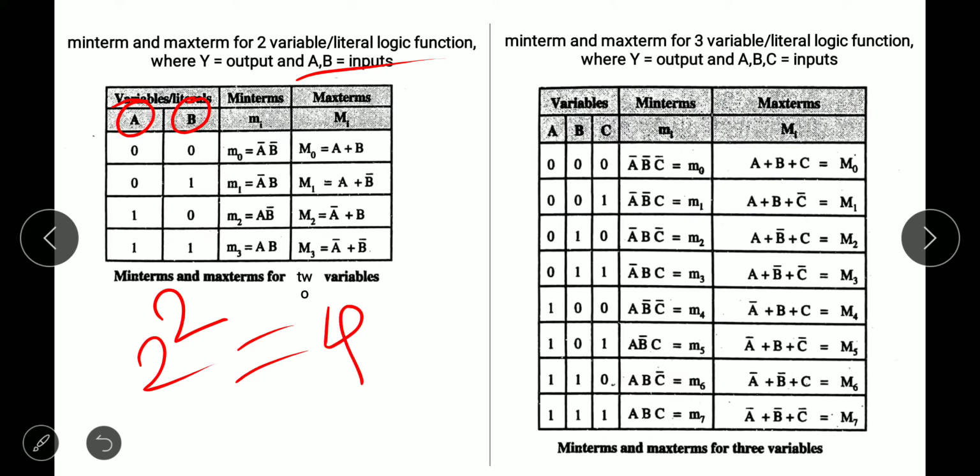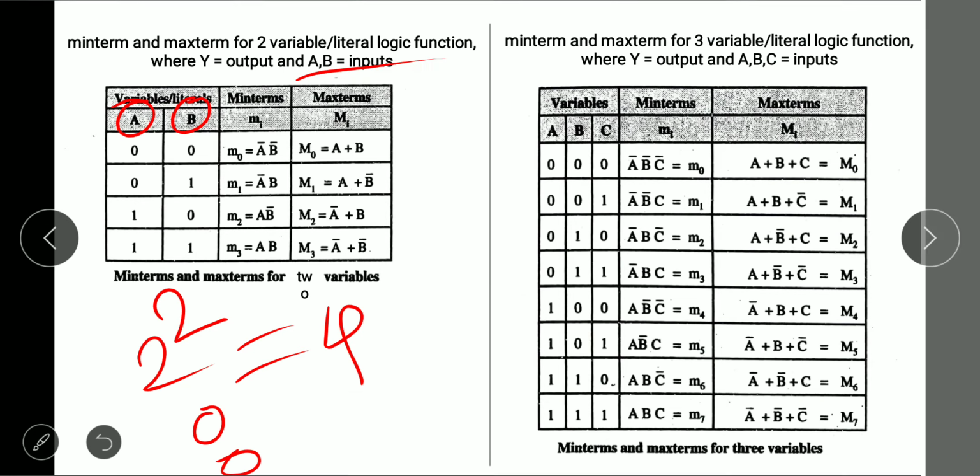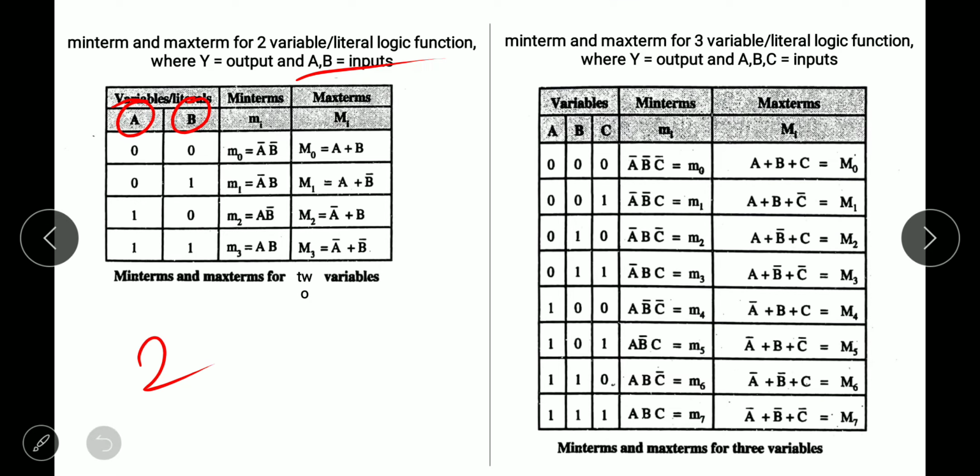We will start with 0, so 2 zeros, then 2 ones. There are 4 combinations, so what is half of 4? That is 2 zeros and 2 ones. Then half of 2 is 1, so 0 1, then 0 1. This is the technique for writing any truth table.